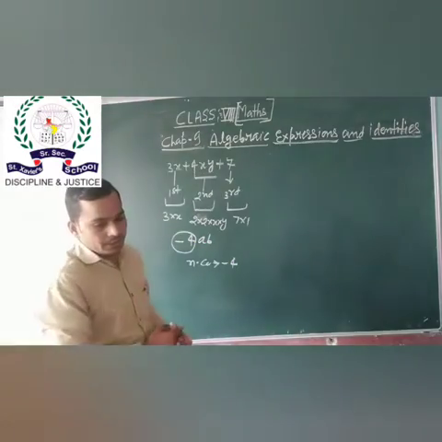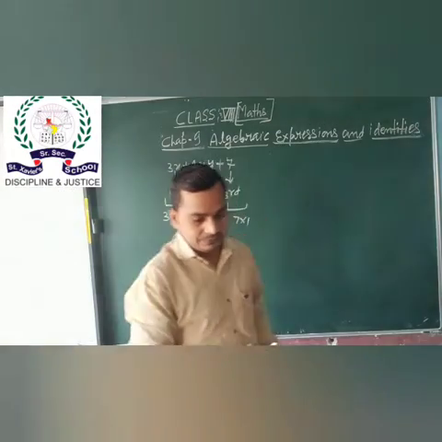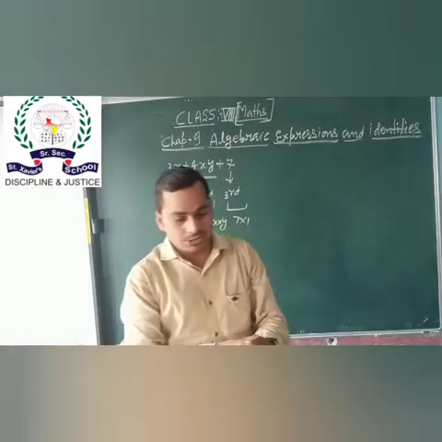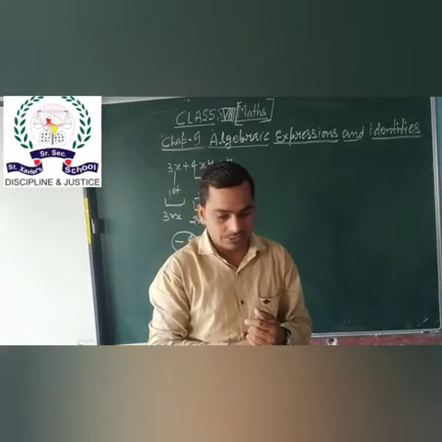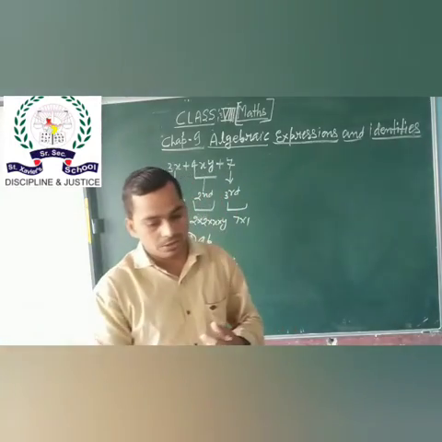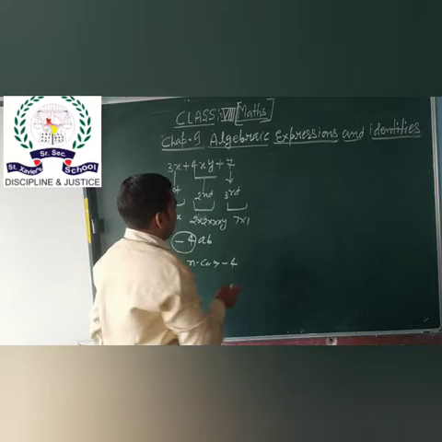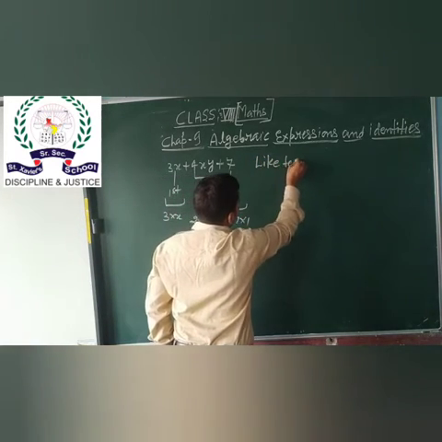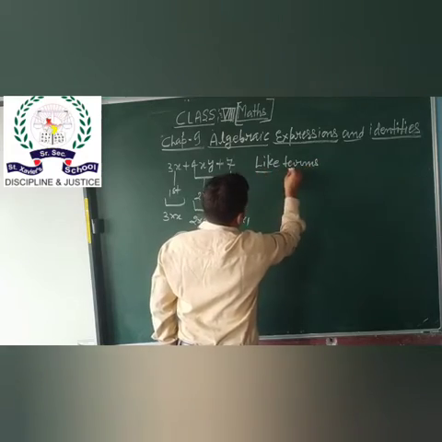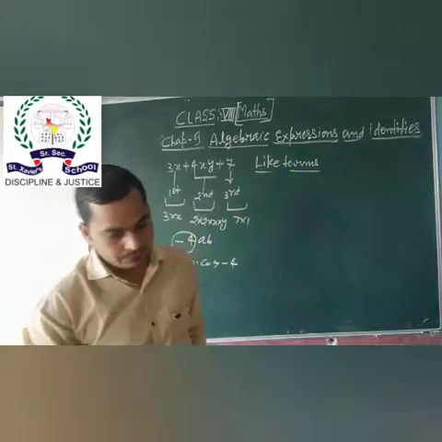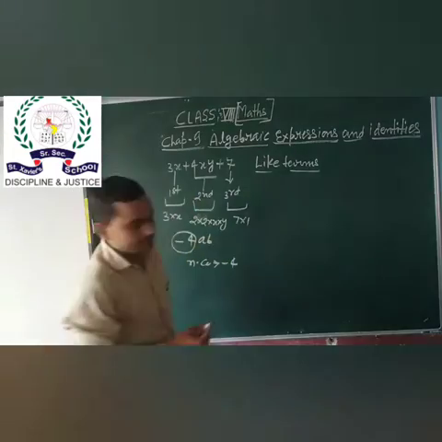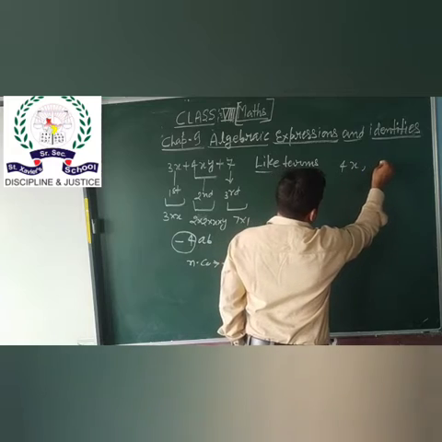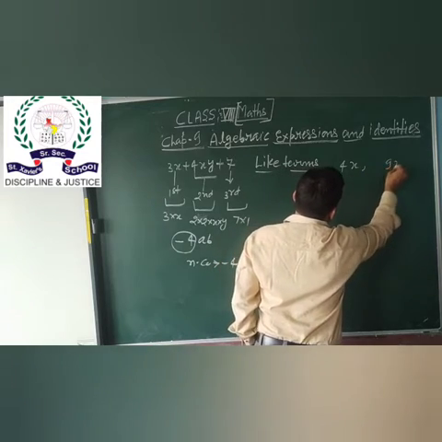Then like and unlike terms. Like terms: the terms having the same algebraic factors are called like or similar terms. For example, 4x and 9x.